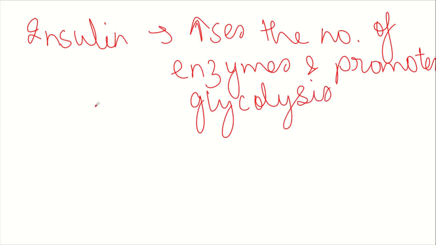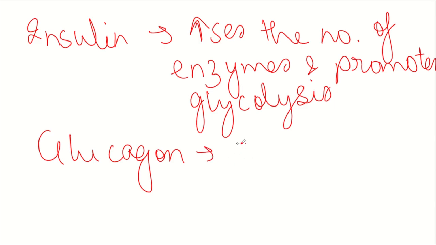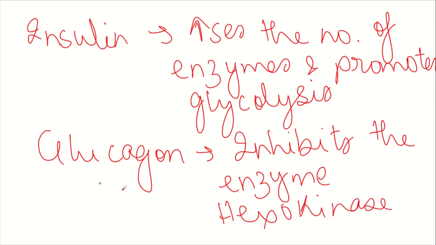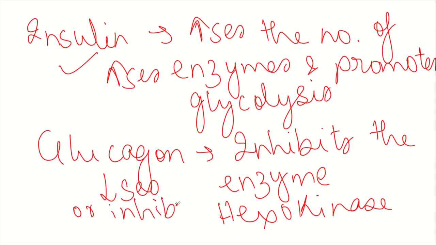Okay, and glucagon inhibits the enzyme hexokinase. Right. So insulin increases the number and glucagon decreases or inhibits, you can say whatever you like.